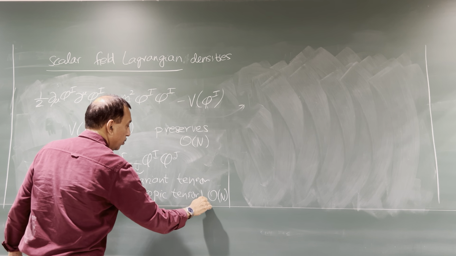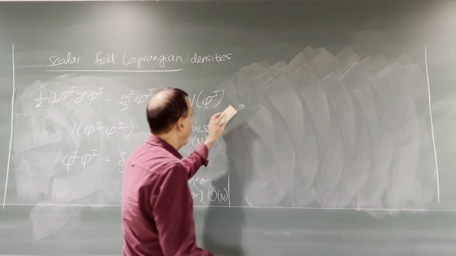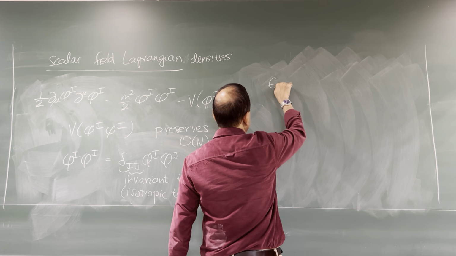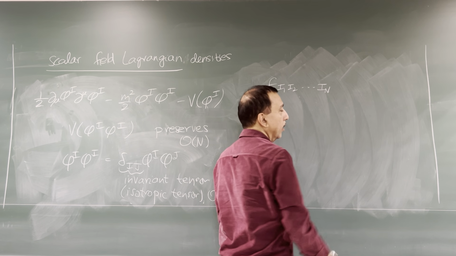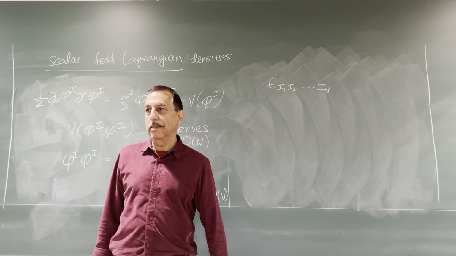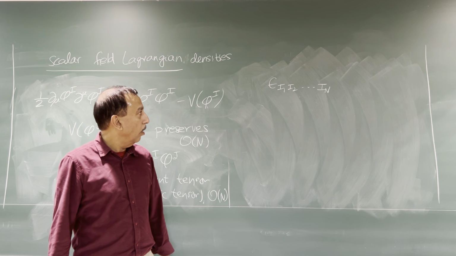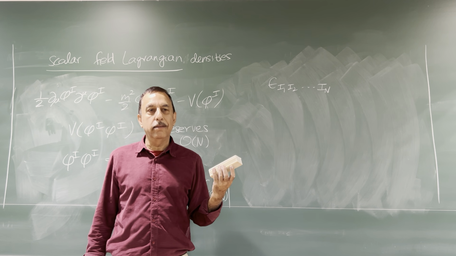Now O(N) fortunately doesn't have many more invariant tensors. Actually it has only one more, and that one is epsilon_{I1 I2 up to In}, the totally antisymmetric symbol with n indices. As I'm sure you know how to figure this out, starting with epsilon_ijk in 3 dimensions.